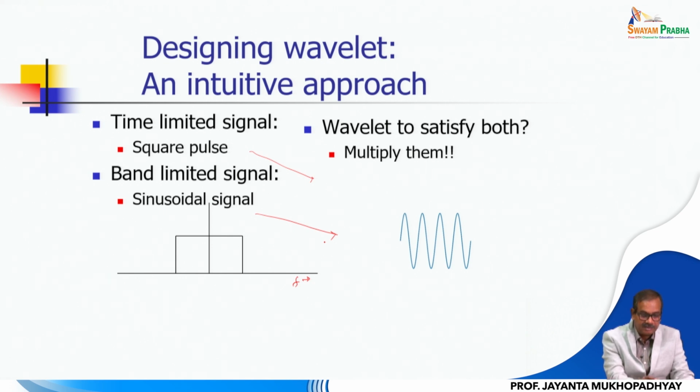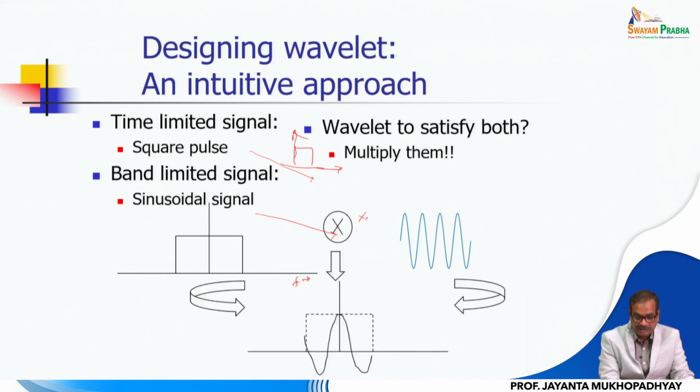For example, you have a square pulse here, and in the causal systems definition, let me take this one. And this is a sinusoidal signal. In a functional definition, theoretically, you can take a square pulse on the negative axis also. And now you can take the respective multiplication of these two.